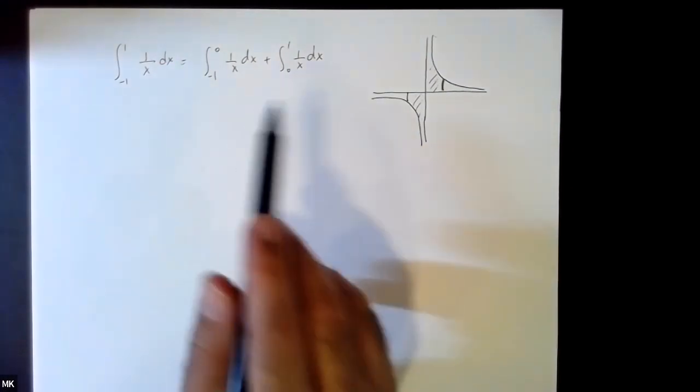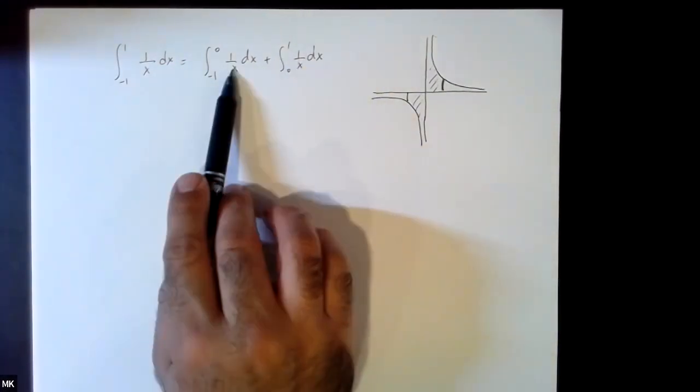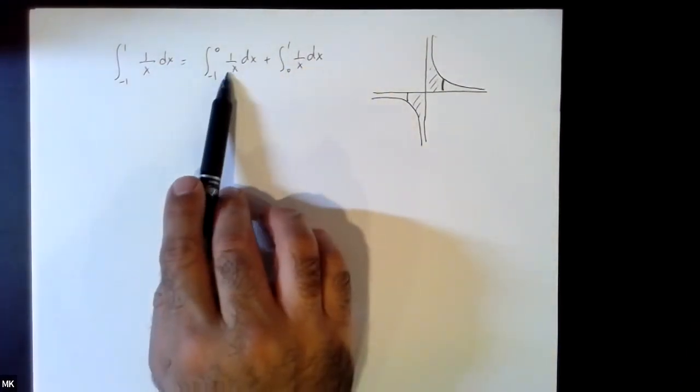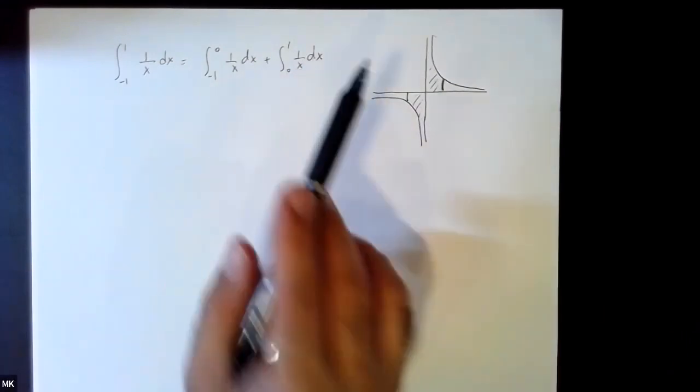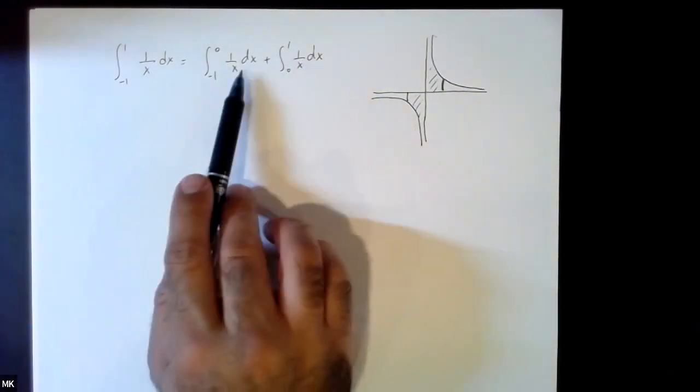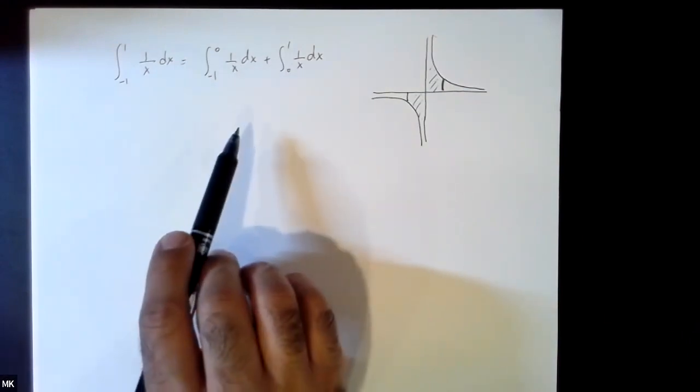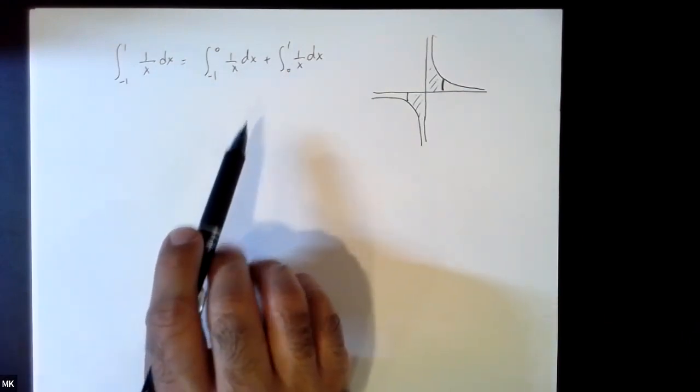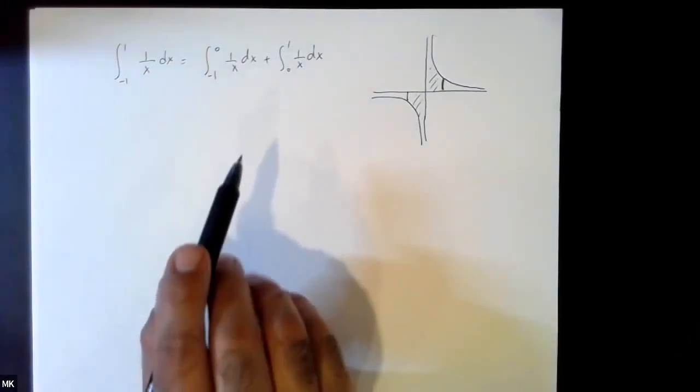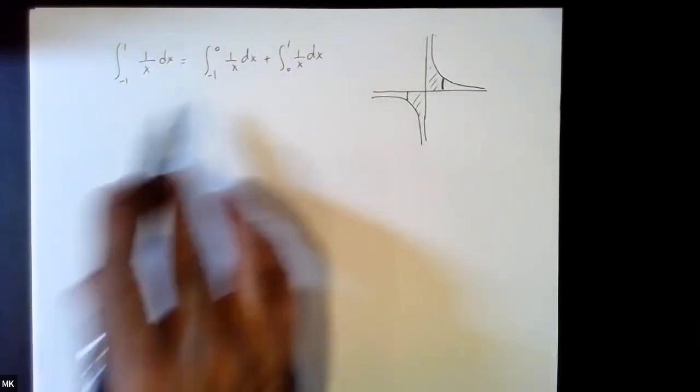Now, if you happen to be able to find each of those and both of them have the same value, one positive, one negative, then by all means the end value is going to be 0. But we have to first make sure they're finite. Each of them is going to be a finite value. And it doesn't matter which one you start with. You can start with this one or that one.